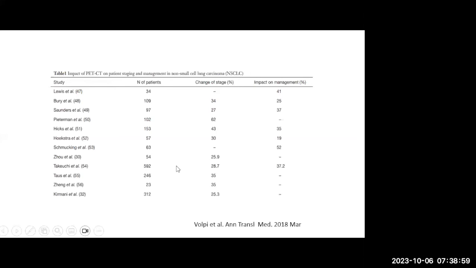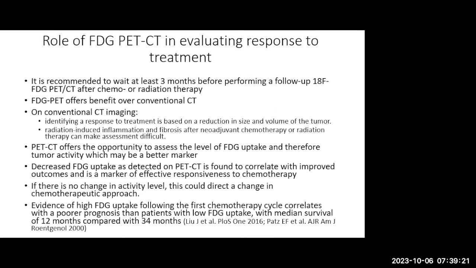FDG PET changed the stage in about 29% of the cases, and had an impact on management in about 37% of the cases. That's really an important factor to take into consideration in terms of altering the staging and the management in these patients.